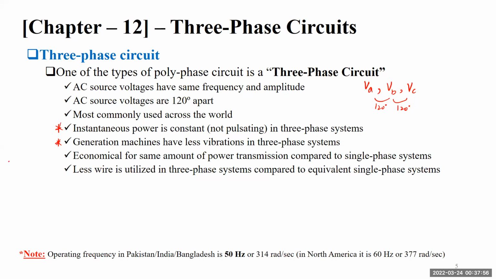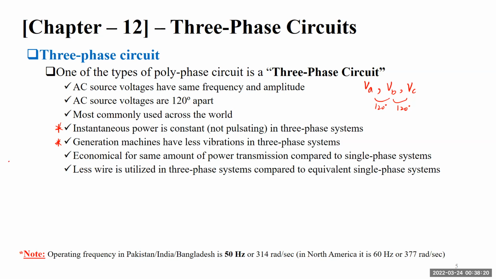So again, one thing to remember, there are different textbooks available, written by multiple authors. If you read a book written by North American authors, remember that North America has Canada and the United States. They operate on 60 hertz frequency, that is 377 radians per second.